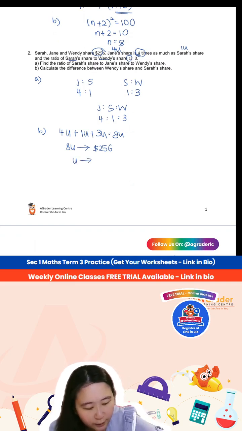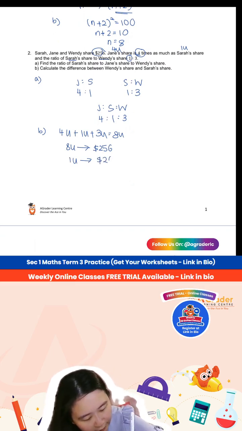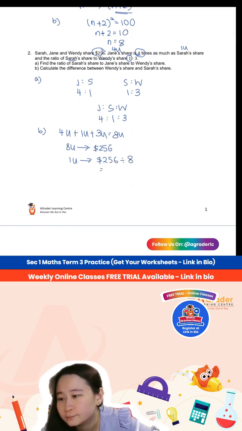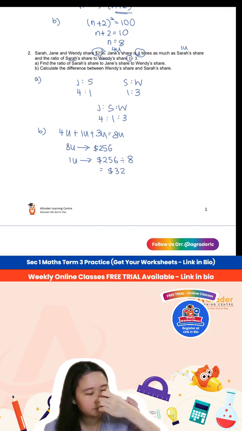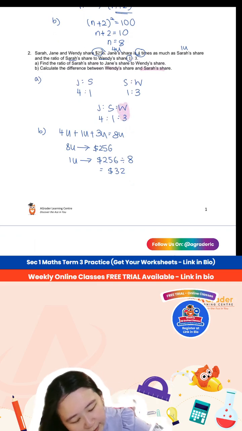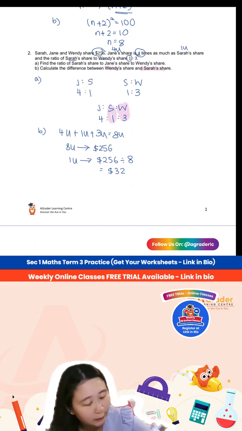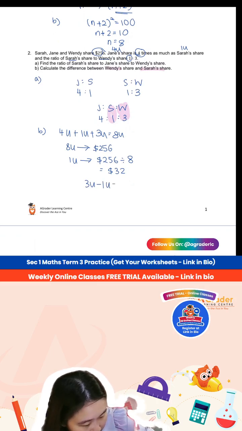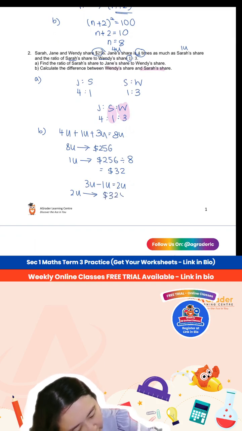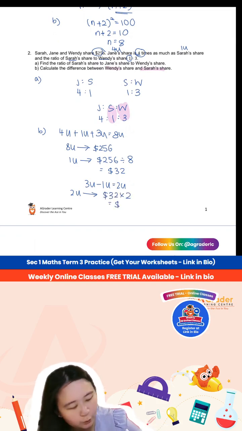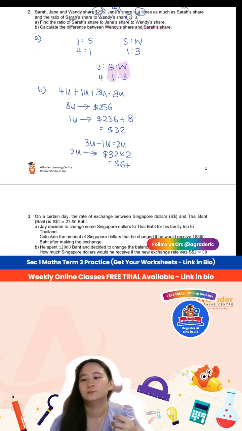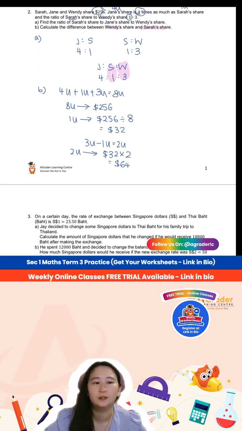So always find 1 unit first. So we take $256 divided by 8. And then Wendy and Sarah, their difference is 2 units. 3 units minus 1 unit equals 2 units. So we have to find the value of 2 units. So $32 times 2 gives us $64.